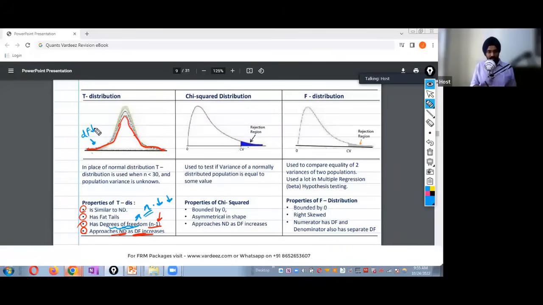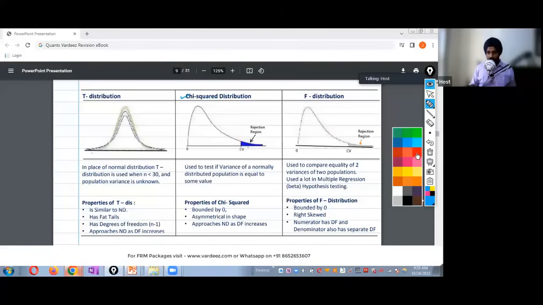But as the degrees of freedom goes up, it's going to look pretty much like a normal distribution. Okay, so that is something that you need to know, what degrees of freedom means. As the number increases, it's going to look pretty much like a normal distribution.